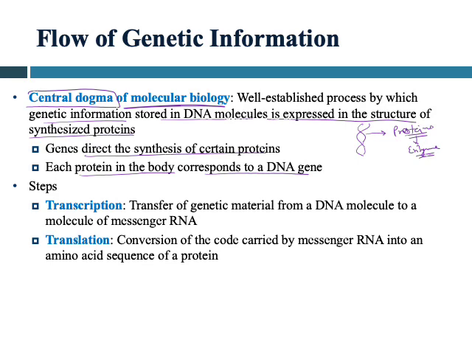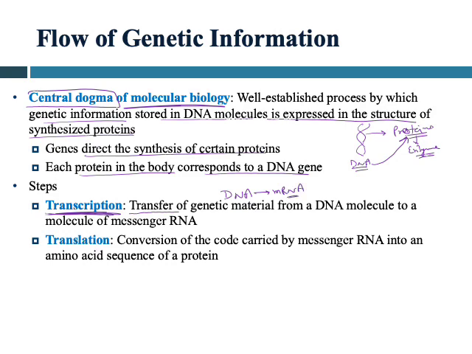So there are 2 steps by which DNA information is converted into a protein. One is called transcription. Transcription is a process by which the genetic information is transferred from DNA to mRNA. Right?